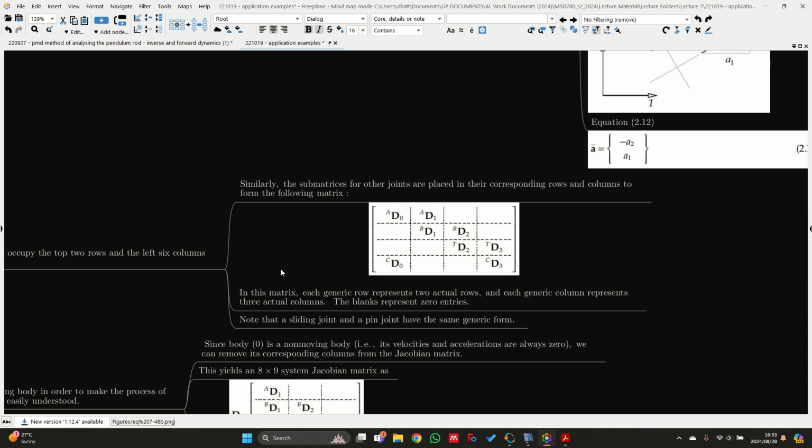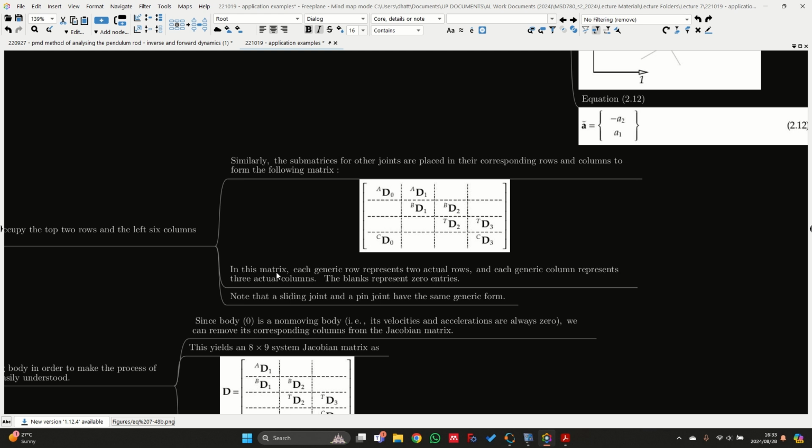Now, it's also important to notice that in this matrix, each generic row represents 2 actual rows. So I'm going to break D0A up into 2 rows. D1B will also be broken up into 2 rows. So at the end, I'm going to have 8 rows. And each generic column represents 3 actual columns.